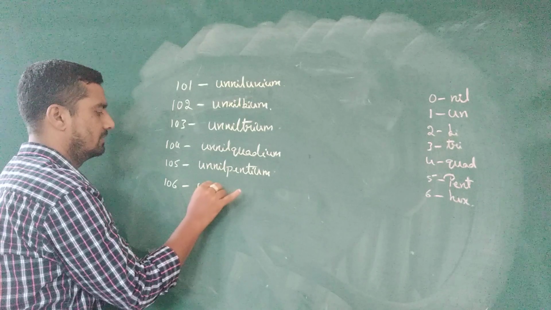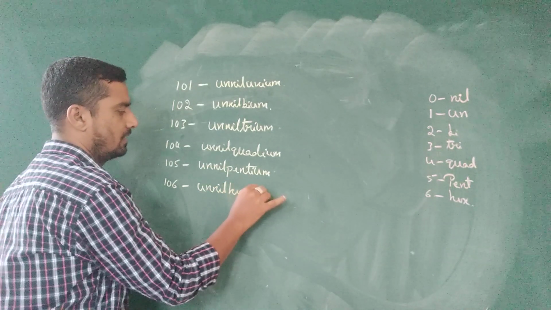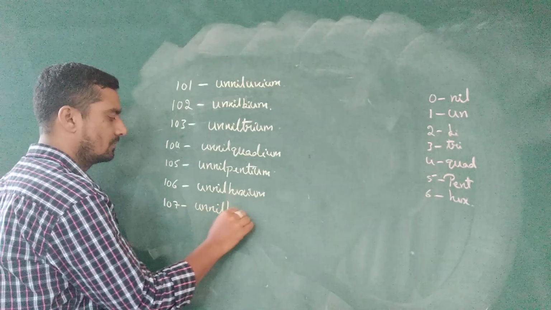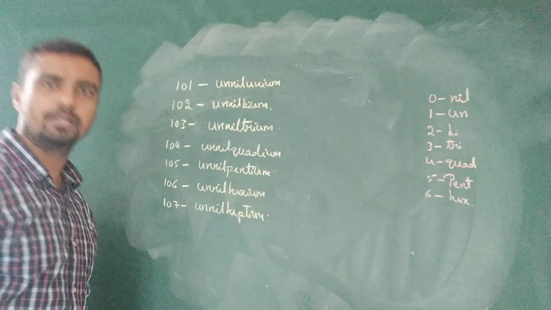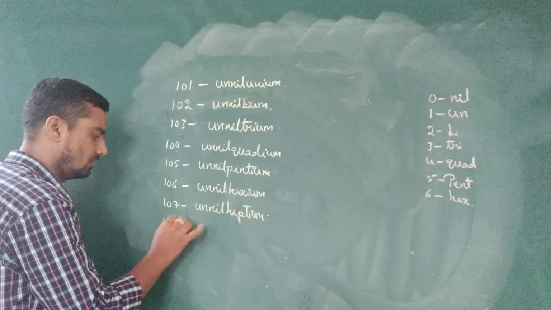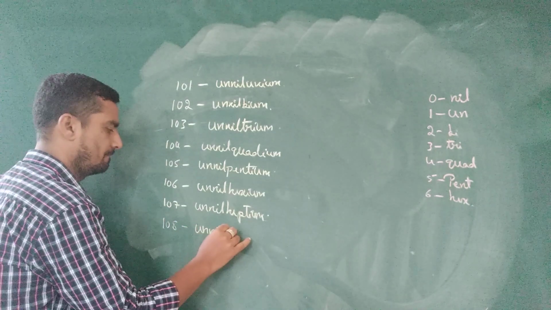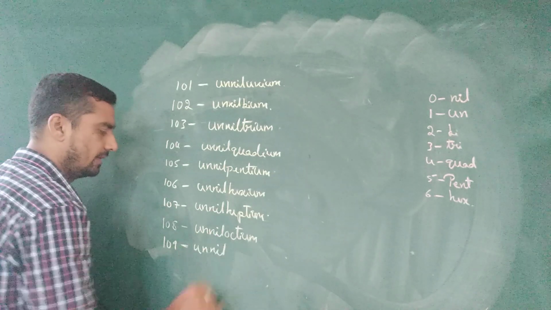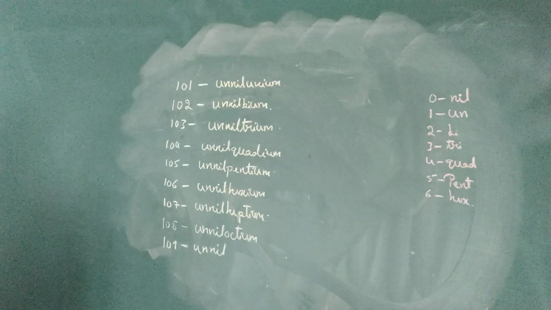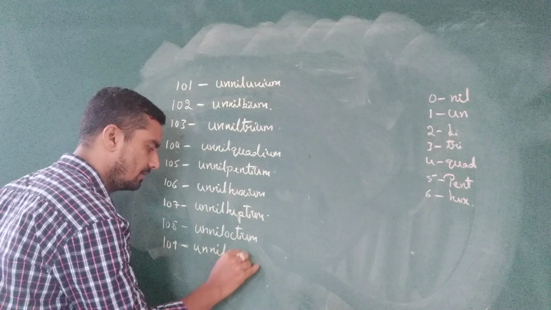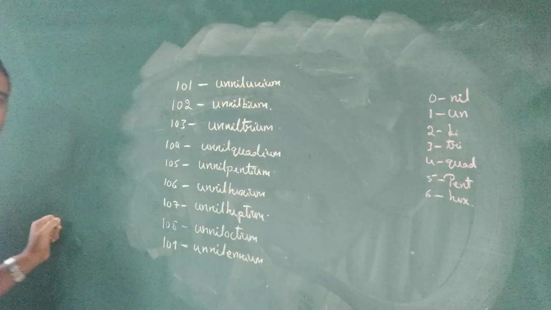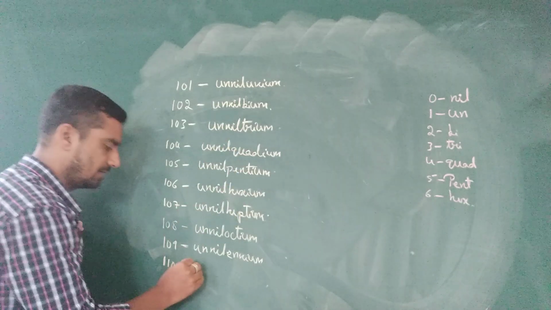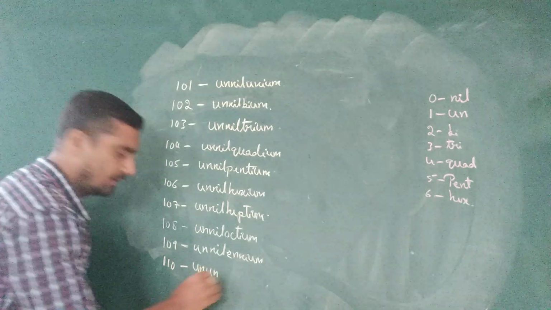For 106, that is unnilhexium. 107 is unnilseptium. For 108, that is unnilOctium. 109 is unnilennium. Then 110: just remember, 1 indicates un, so ununnilium.